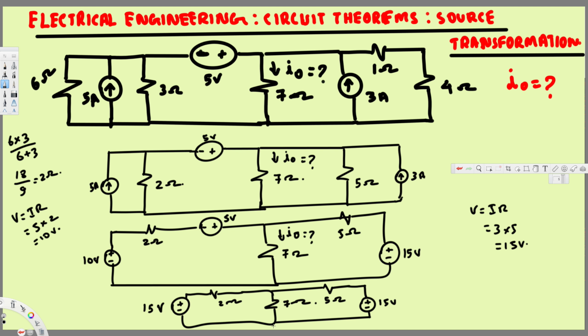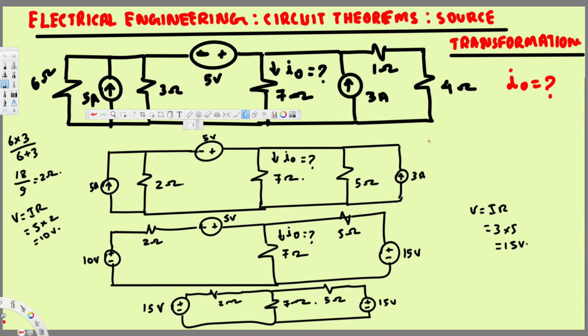Now if you look at this one, the only thing we can do right here is again turn them back into current and resistance in parallel. In that way we can see whether we can simplify this further. So you just keep going on and on until we get a simple circuit. So now I'm going to turn this one into current and resistance in parallel.